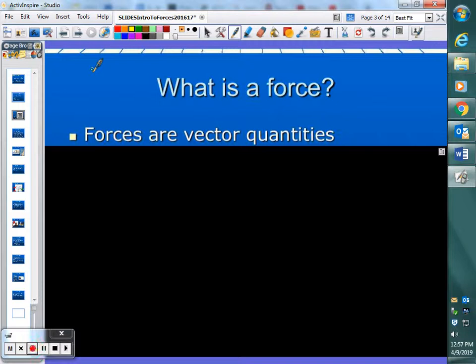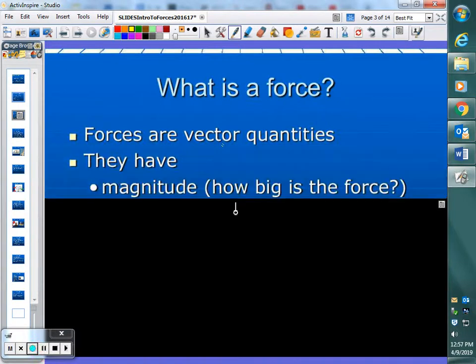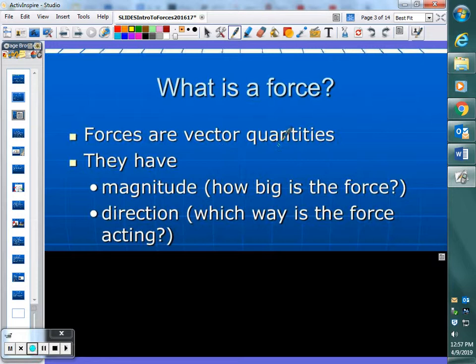How much we're pushing or pulling, or how much we're forcing. So the magnitude of the force, the how big part, is how much we are pushing or pulling. How big is that force? That's the magnitude part. But the direction is pretty straightforward. It's just direction.